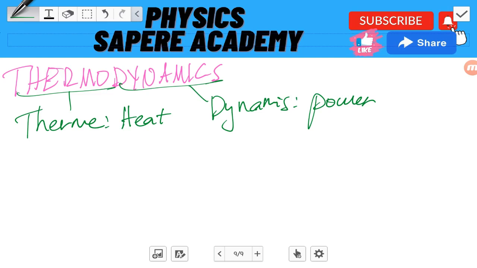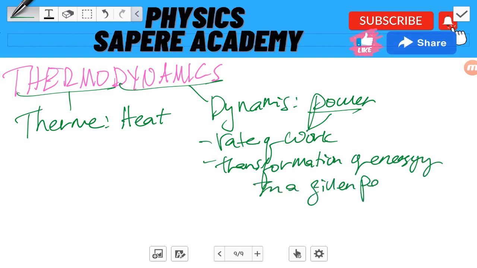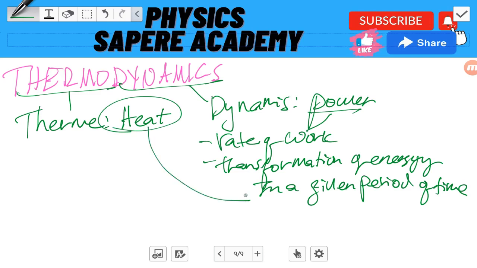So when we talk about power, we know that power is simply the rate of work, or we can identify it as a transformation of energy in a given period of time. As a result, thermodynamics is simply the study of the transformation of heat in a given period of time, or the transformation of energy in a given period of time.